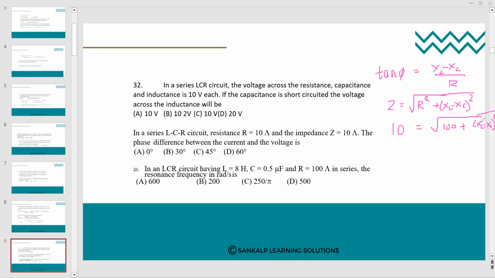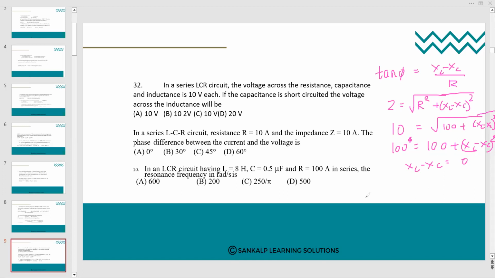So what we need to do here, taking square on both the sides and the square root cancels. Therefore, this is nothing but 100 is equal to 100 plus XL minus XC whole square. So 100 minus 100 is nothing but what? 0. So therefore your XL minus XC value, what you are getting? XL minus XC is equal to 0.